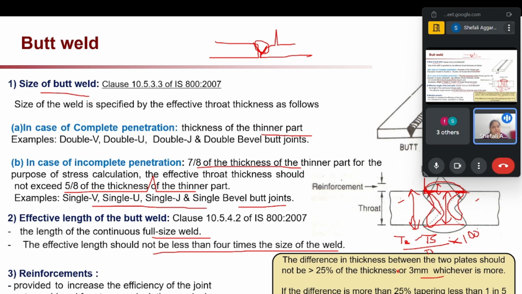Second, if the difference is more than 25%, then we will provide tapering. This is called taper. We will taper one end of our plate. We will provide a taper of 1 in 5.